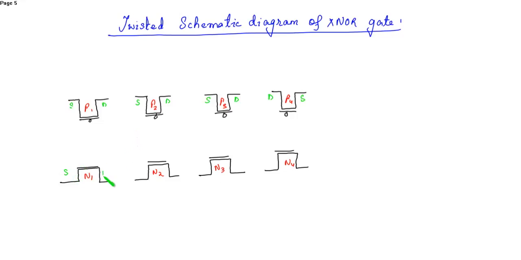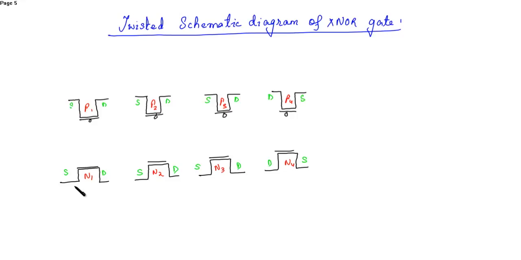Here again source drain, source drain, source drain, drain and source. In the XOR case we had taken just the reverse one. If you want you can do that also. So now these two are the transmission gates, these two are the inverters, or you can take these two as the inverters and these two as the transmission gates.